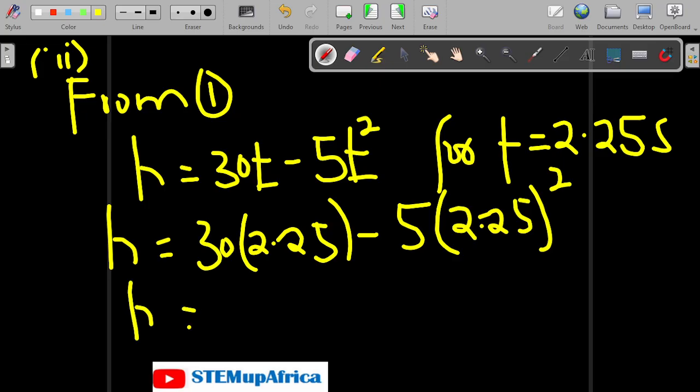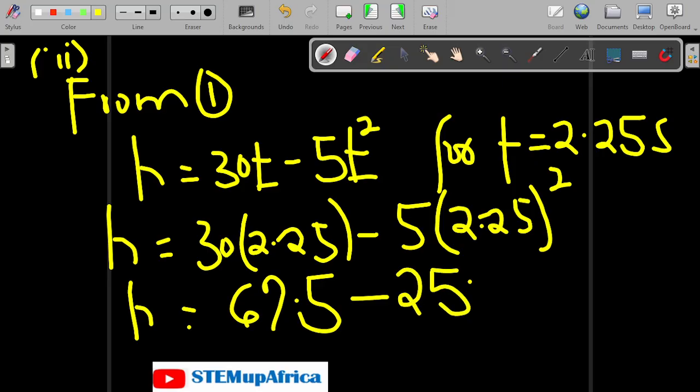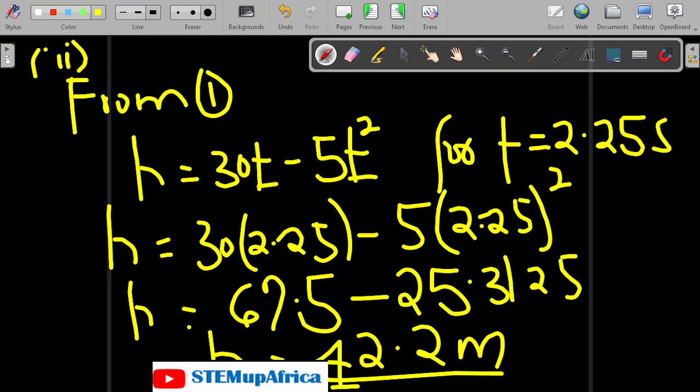So h is now 30 times 2.25, that will give me 67.5 minus 2.25 squared times 5, that will give me 25.3125. So if I subtract, 67.5 minus my result will give me 42.2 meters as the height.